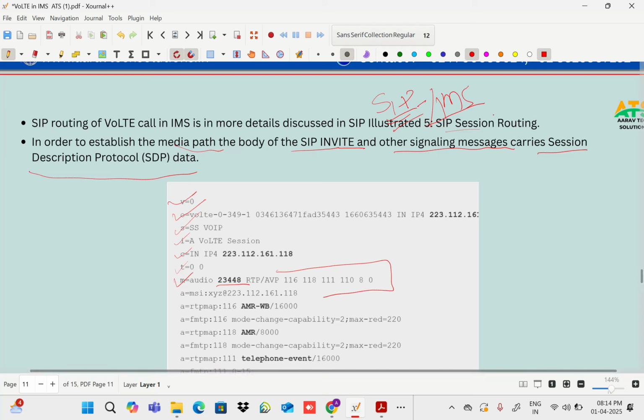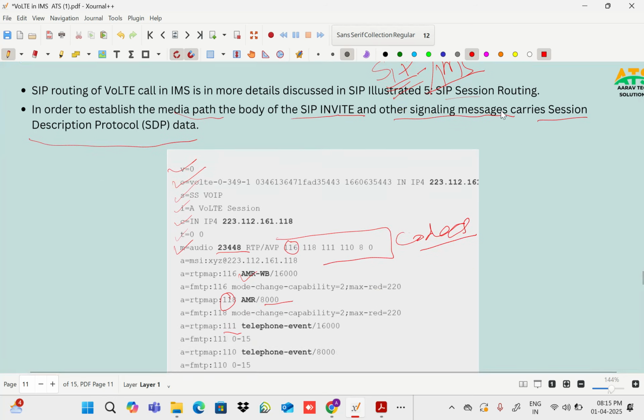It's based on codecs: 116 4, AMR 118, AMR 8000, 111 telephone event, 110 telephone event.